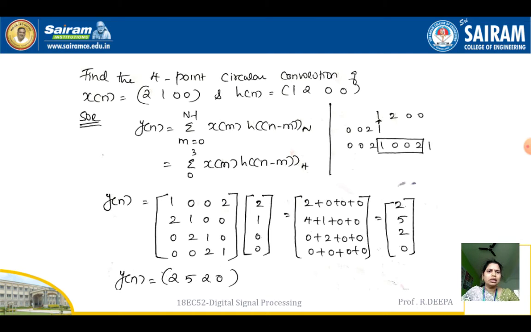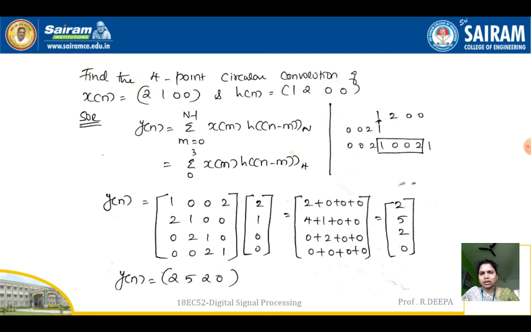You can observe in the right hand side the h of n sequence is written as 1, 2, 0, 0, and I have made a mark which stands for n is equal to 0. Then I made the reflection, so it becomes 0, 0, 2, 1. Again the reflected sequence I just repeated, and I have taken the sequence only from 0 to n minus 1. So the value will be 1, 0, 0, 2. So this is taken as h of n minus m for n is equal to 0.